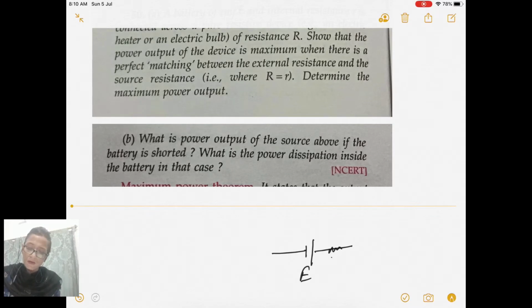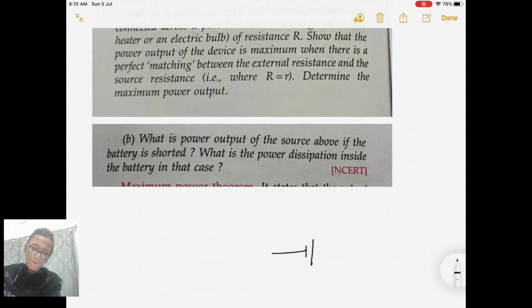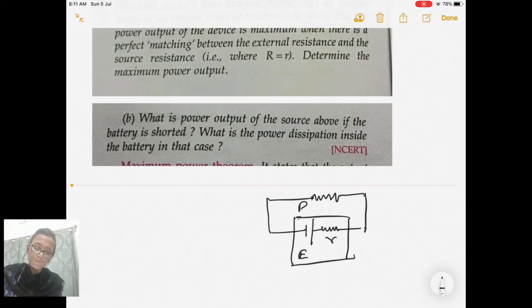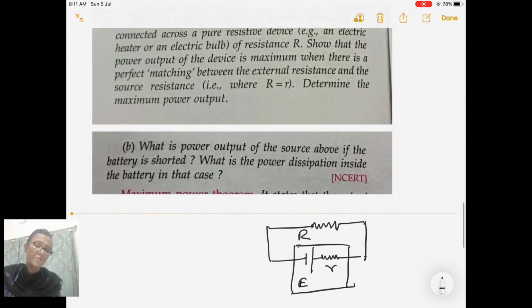Internal resistance is r, EMF E, here you have battery, and it is connected to an external resistance R. So that the power output of the device is maximum when there is a perfect matching between external resistance and source resistance, that is small resistance, small r. Determine the maximum power output.